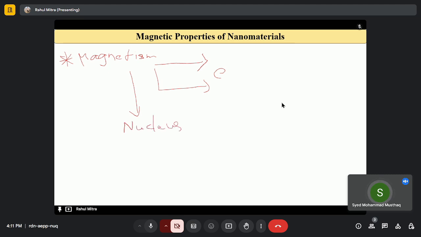There are also other minor spins, but we are neglecting them.